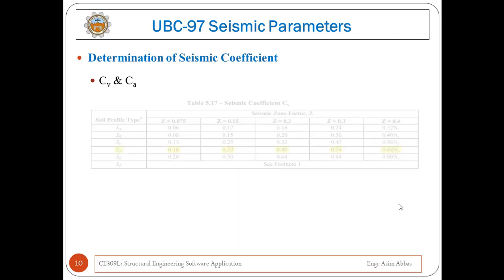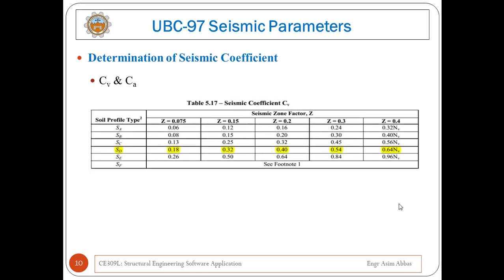Okay, now determination of seismic coefficient. There are mainly two seismic coefficients, CV and CA. Keep in mind that both seismic coefficients depend on the site specific details that I have discussed in the previous slides. For seismic coefficient CV, you require the seismic zone factor and soil profile.